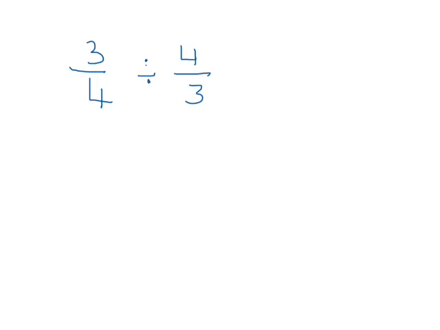Well, how we work it out is, we write our 3 quarters, we don't change the first fraction. Then we change our divide to a times, and we can only do that if we flip the second fraction upside down.